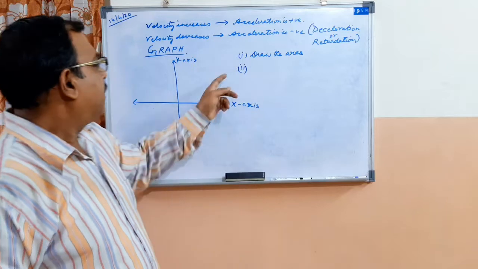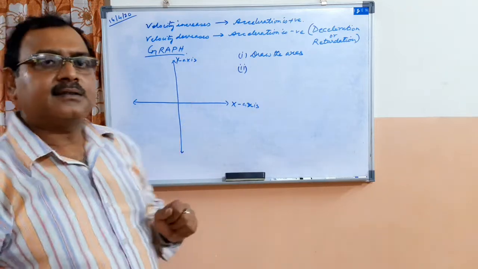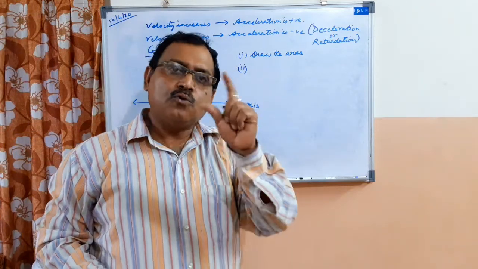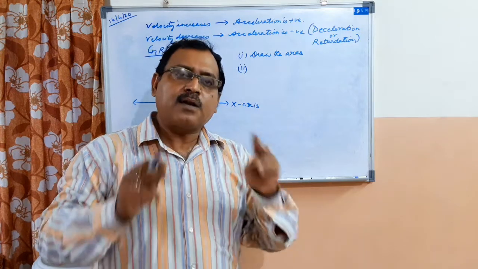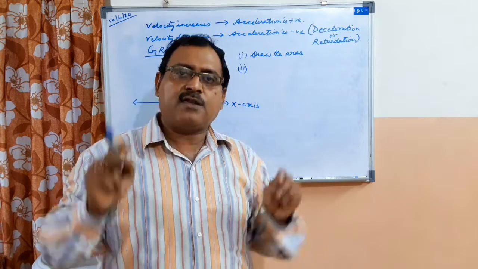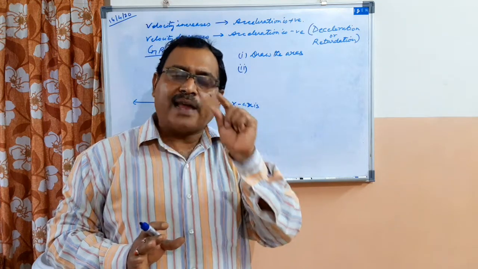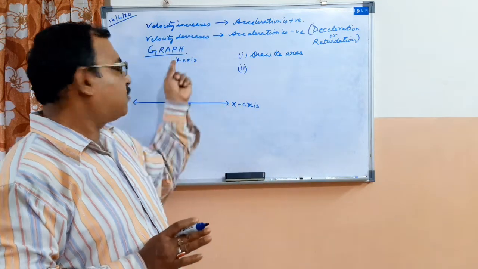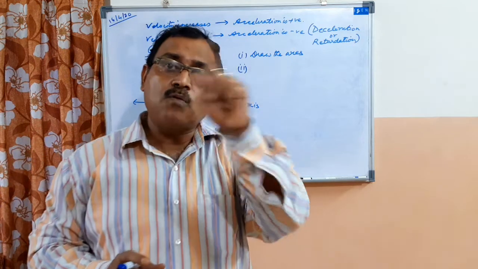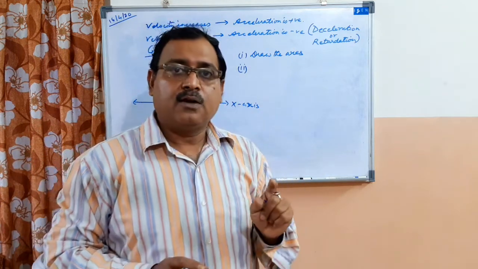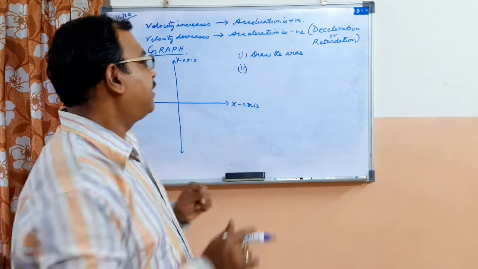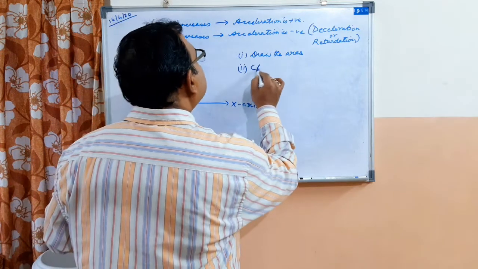Okay. Now, second is, you have to choose a scale. Now remember, whenever you are drawing graph, you are having a page which is quite small. So whatever values you accommodate in x-axis and y-axis, that has to be accommodated in the whole paper. So for that reason, a scale is required. So second is choosing a scale.